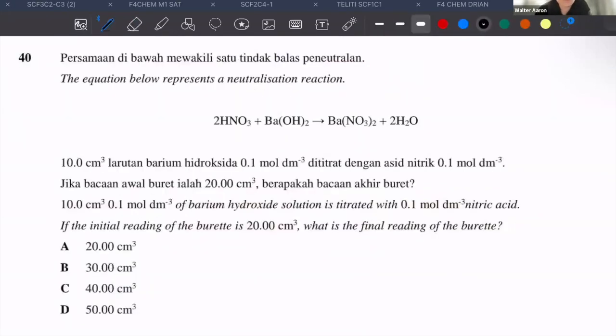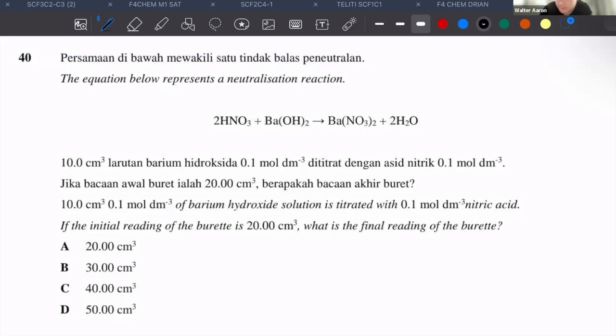Okay, number 40. The equation below represents a neutralization reaction between nitric acid and barium hydroxide to get barium nitrate and water. It says here 10 cm cube of 0.1 mole per dm cube of barium hydroxide solution is titrated with 0.1 mole per dm cube of nitric acid.